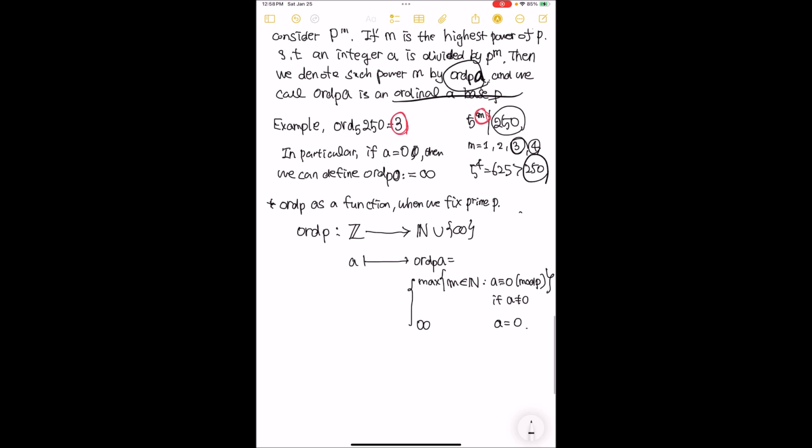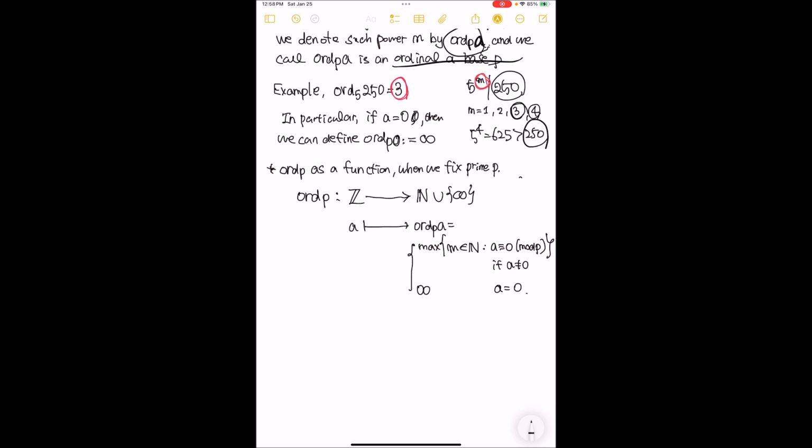In that case, we can understand it is a function that plays a role similar to a logarithm. So let's see the following proposition.